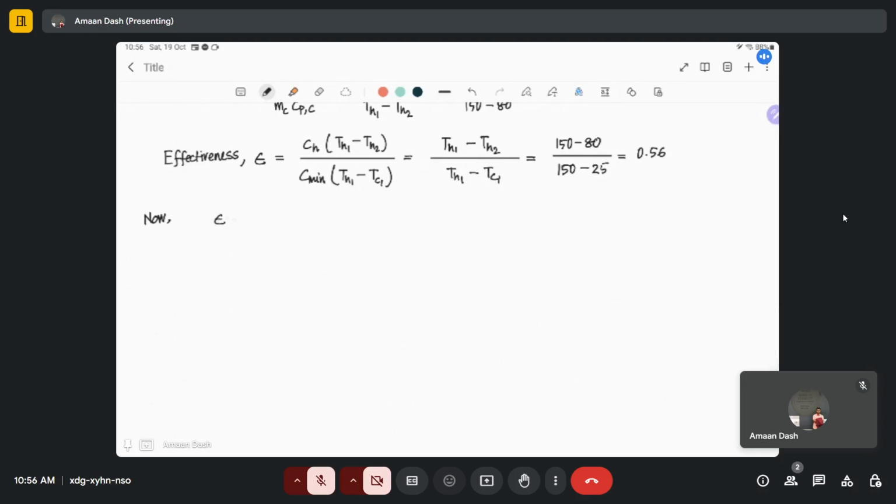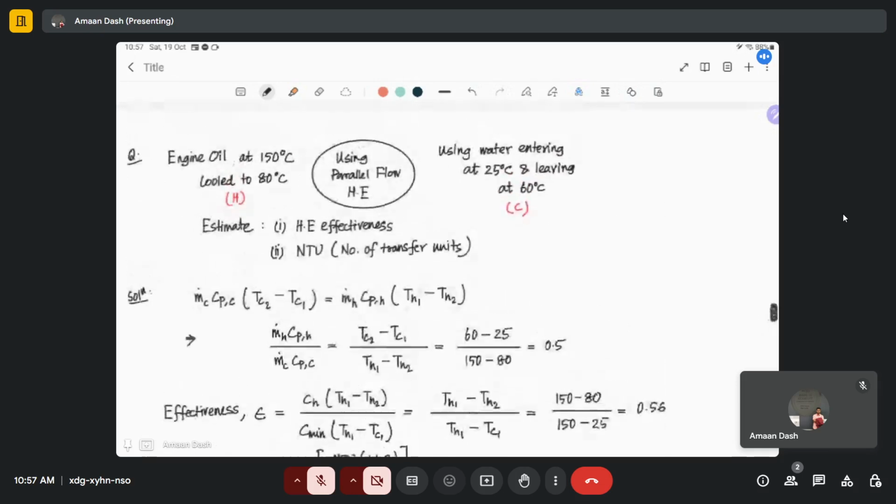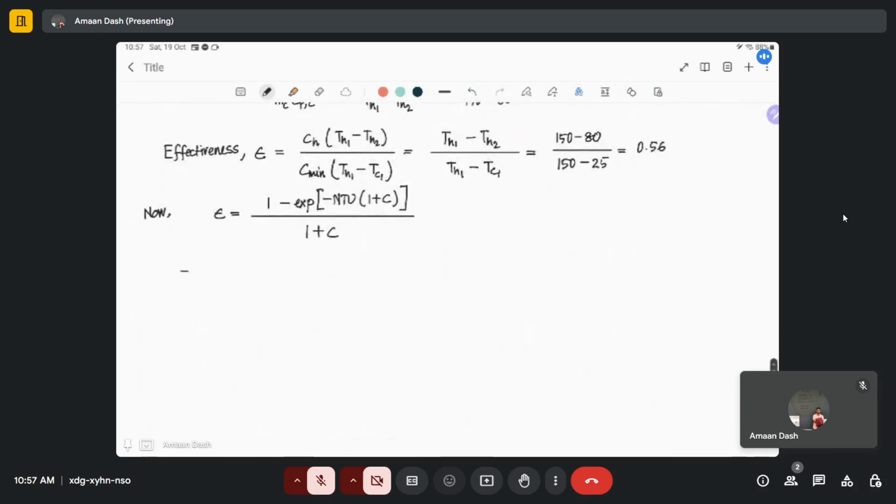So we can write this epsilon effectiveness is equal to 1 minus exponential of minus NTU times 1 plus C, divided by 1 plus C. So this implies this is nothing but 0.56.